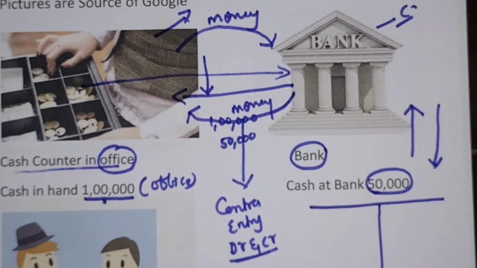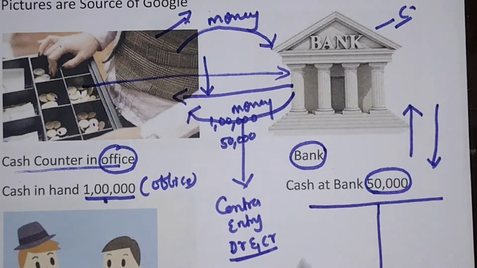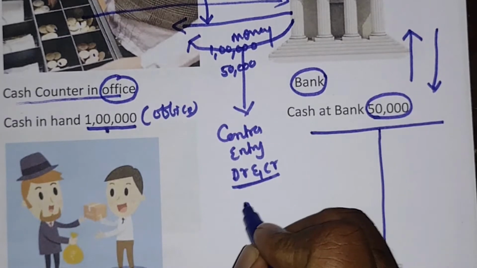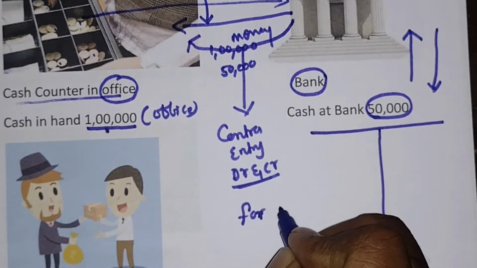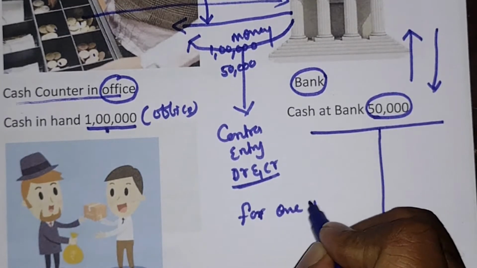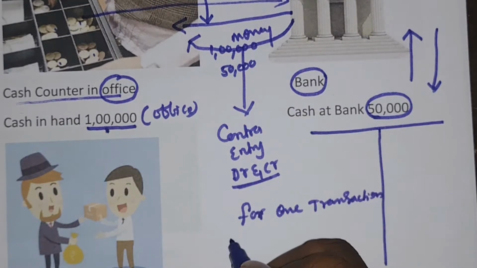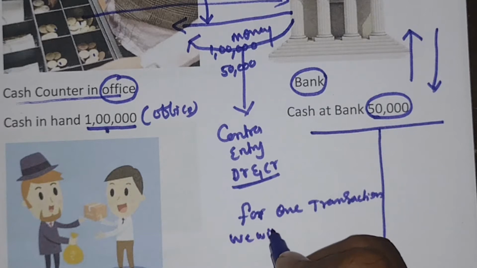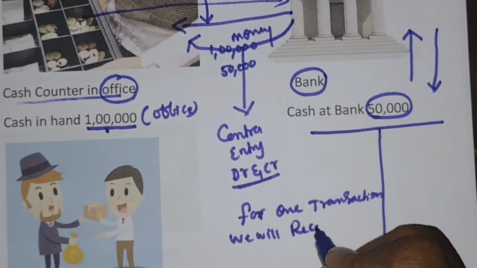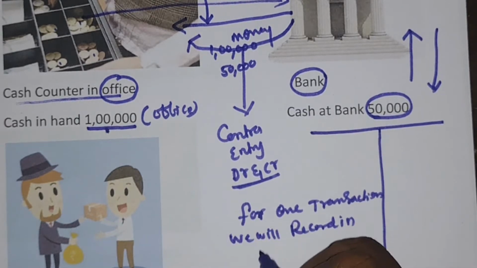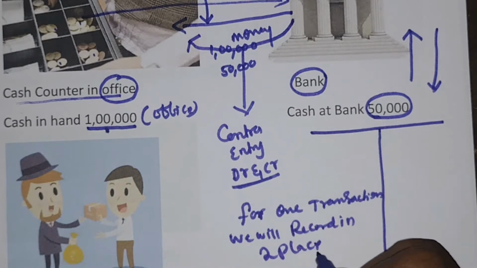So contra entry means that for one transaction, we will record in two places, both on the debit side and on the credit side.